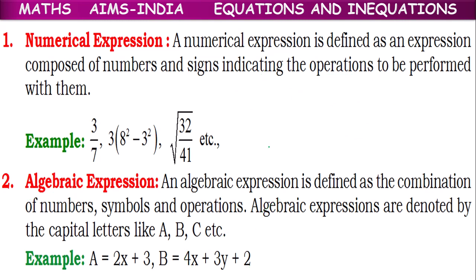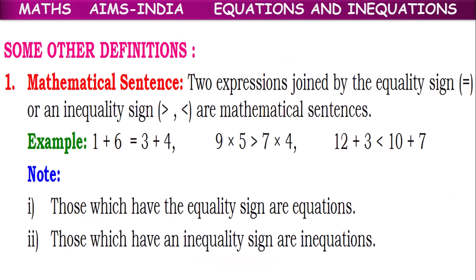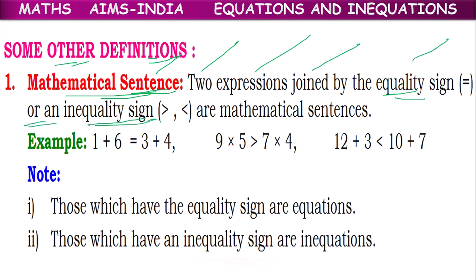Next one. Some other definitions. So, mathematical sentence. Two expressions joined by an equality sign or an inequality sign like greater than, less than, greater than or equal to, less than or equal to, are mathematical sentences.